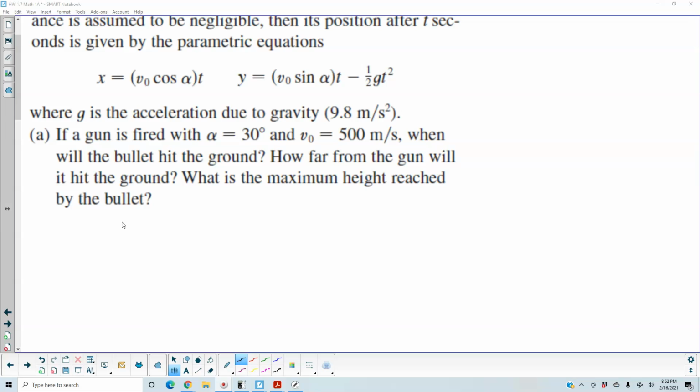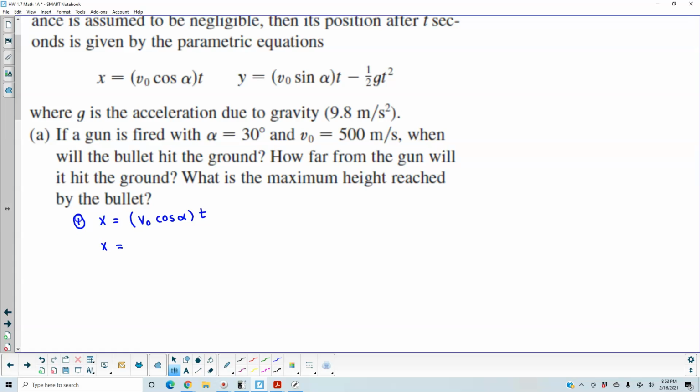So for the first part, we need to rewrite them as parametric equations. We know that we have x, which is equal to the velocity times cosine alpha t.